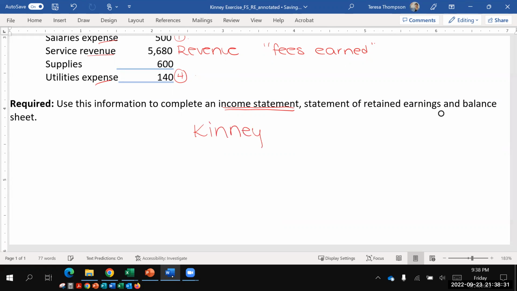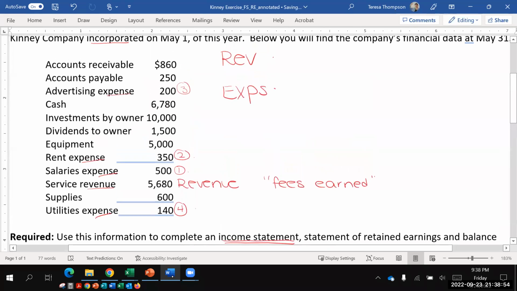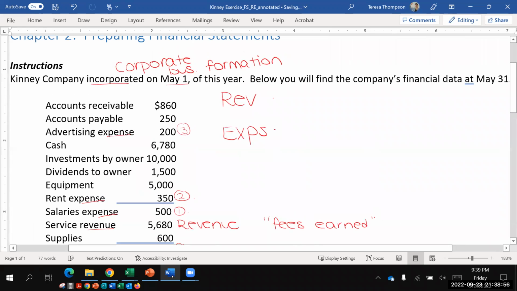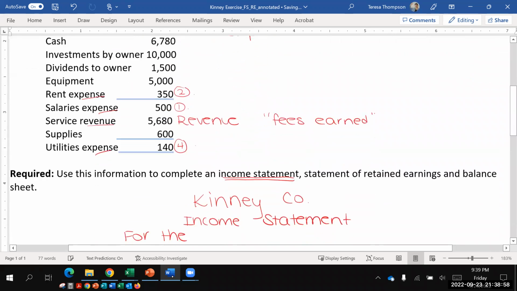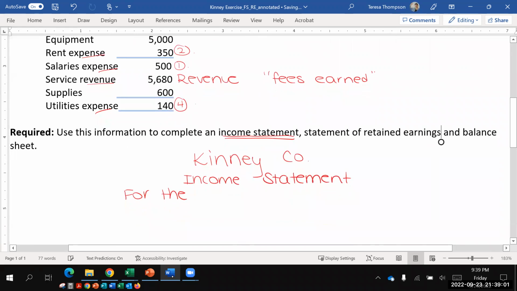We said we start with that 3-line header, Kinney Company income statement. You have to write the period of time that we're looking at. And it's always for the period ended, now you can say period. Period is a good catch-all, right? But here they tell us the period is actually 1 month, right? We started May 1st, and we're showing the data at May 31st. So the amount of time that has passed is a month.